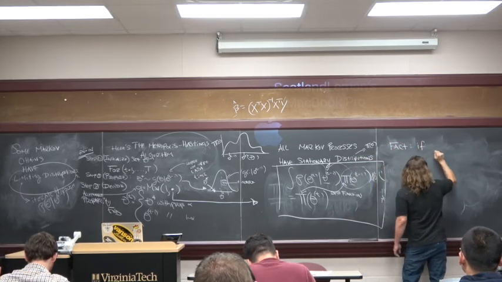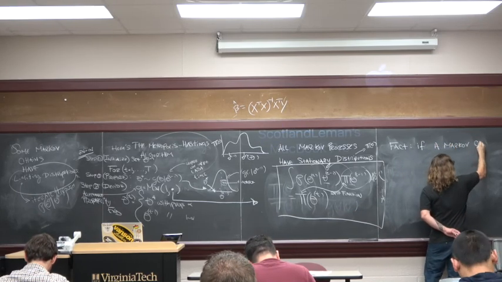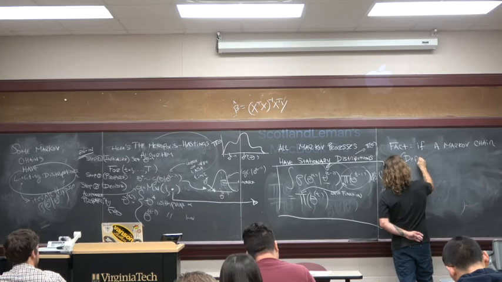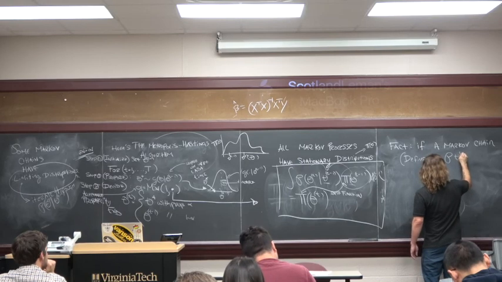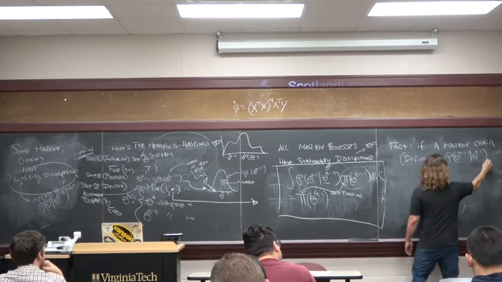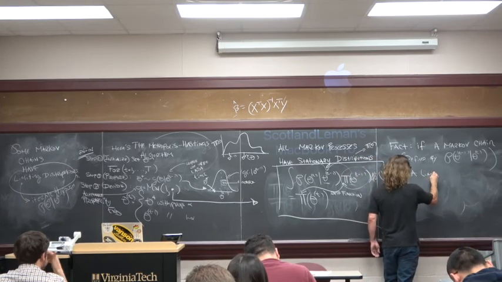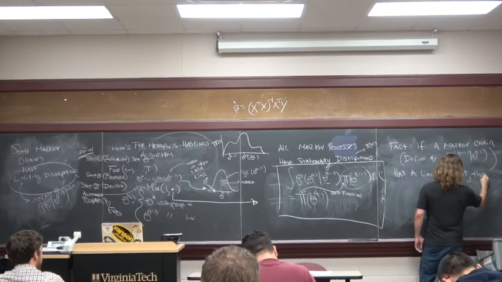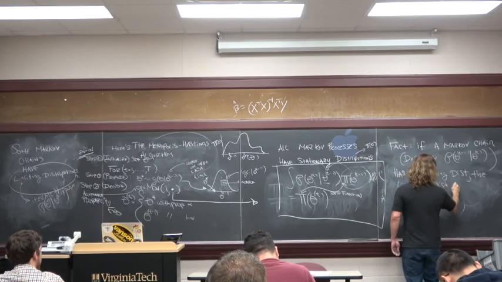If a Markov chain, and the Markov chain is defined by rho theta t minus 1 given theta t, has a limiting distribution, the limit is stationary.